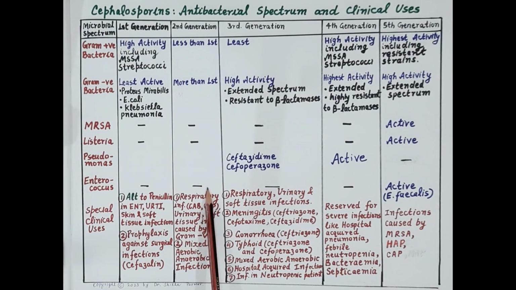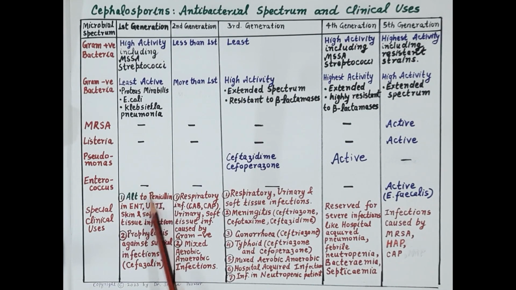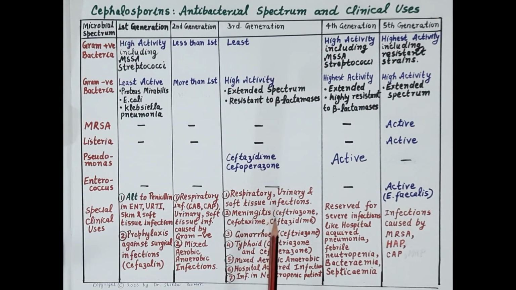So, in summary, first generation cephalosporins are used as an alternative to penicillins. Third generation cephalosporins are excellent and are commonly prescribed for gram-negative infections. Then fourth generation cephalosporin, that is parenteral cefepime, is reserved for serious infections like hospital-acquired infections.